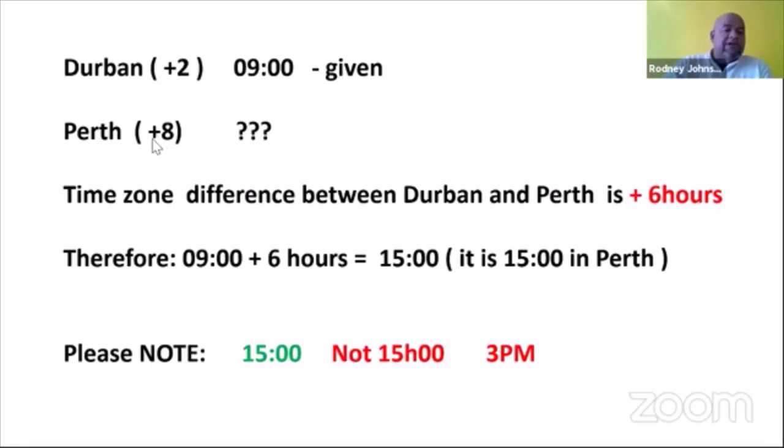We've determined that Perth is on +8 time zone, and that is the question we have to answer. We've also determined the time zone difference between Durban and Perth is 6 hours. Therefore, you take the 9 o'clock, the known, plus the 6 hours, and we get to 3 o'clock in the afternoon. So the answer would be, it is 3 o'clock in Perth.